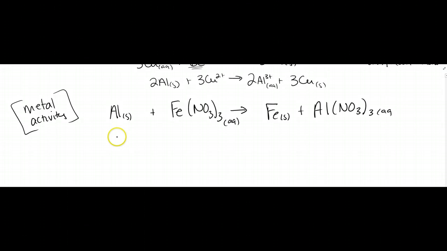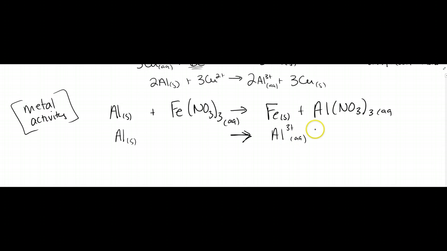Okay, so aluminum and iron are the two we're curious about here. You don't have to draw these all out like I do. I always line them up down the middle, but you can just draw your oxidation and reduction reactions however you like. So aluminum started out as a solid with a charge of 0. It became a 3+.